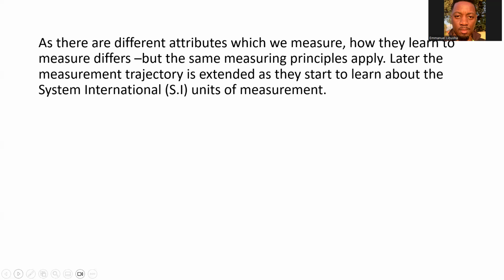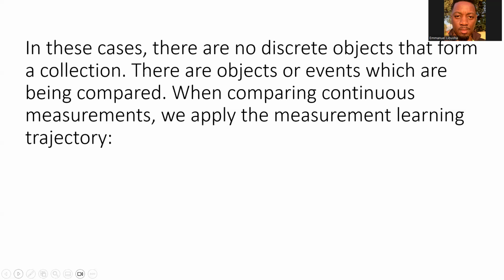Later, the measurement trajectory is extended as they start to learn about the system of international SI units of measurement. So when we start in foundation phase, we don't just bring in the millimeters and the meters. We start with informal measurement, which is the one I'm explaining here, comparing in terms of size and length, comparing which one is taller and which one is smaller, okay? Or which one is heavier and which one is lighter.